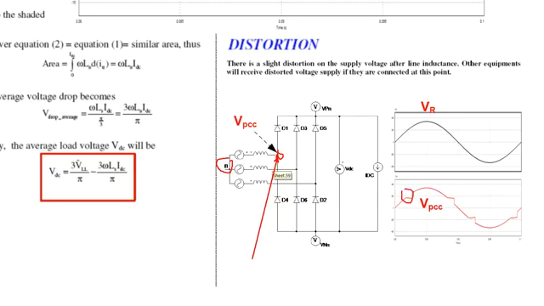You can see that this is a distorted waveform, and we know that with a distorted waveform there will be harmonics in the output voltage. Therefore other equipment will receive a distorted voltage supply if connected at this point, and that load will also have to deal with the harmonics of the supply voltage.